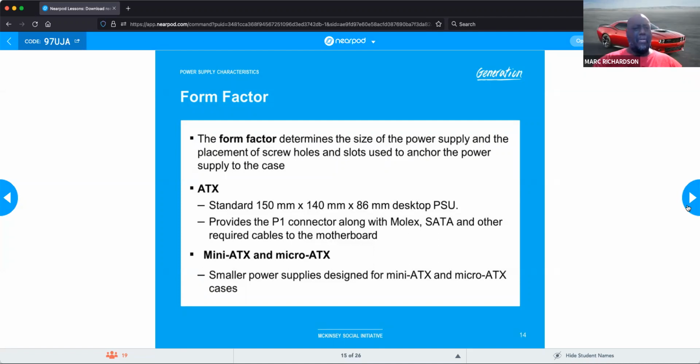White or cream. What color is your AGP? Brown. PCIe? Blue. Sometimes seen black, but that's typically the color coding that they will use for the most part. But again, it falls down to the manufacturer.